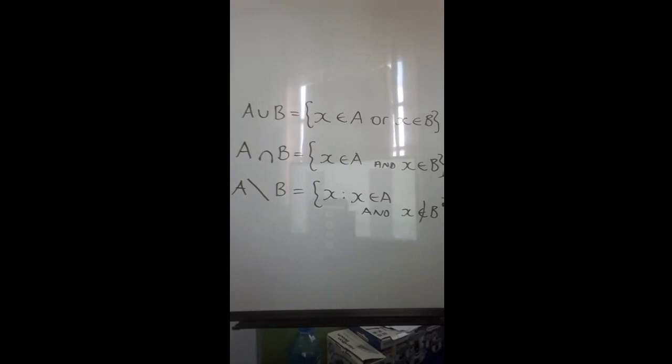So the easy way of saying this: if you look at this, you notice that it's in A but it's not in B. The simple way of reading this is "in A but not B." That's an easy way to think of it.